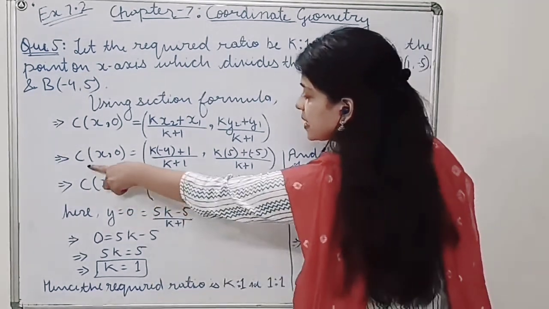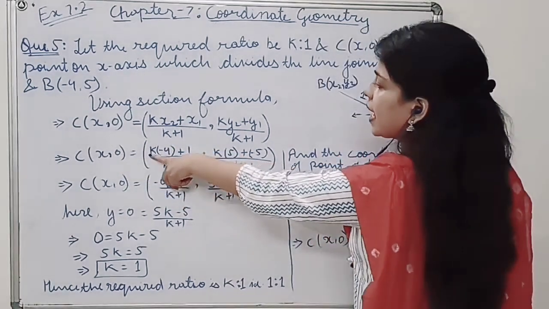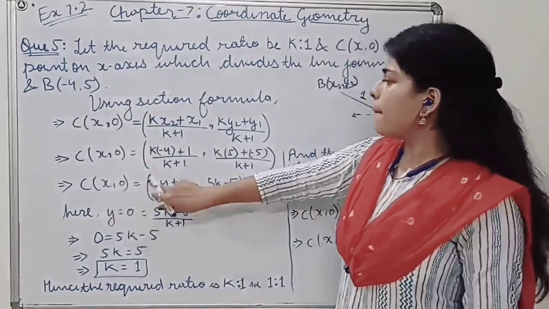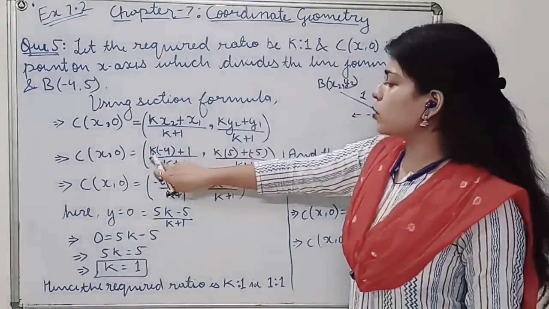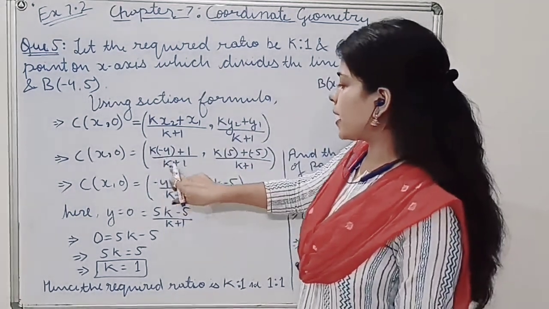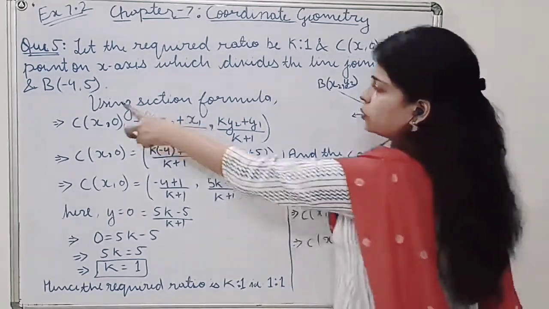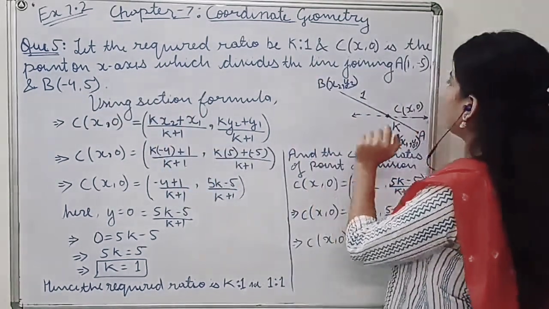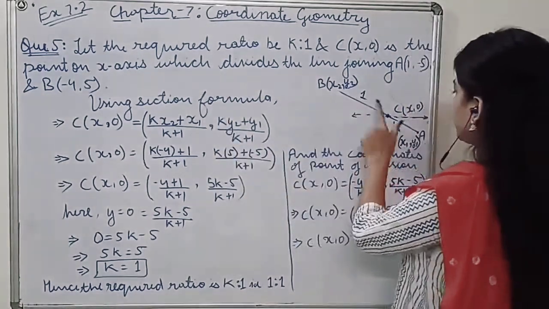Now, the coordinates of C are k into x2. x2 is 4... so k into x2 plus x1, where x1 is 1, upon k plus 1. Then for the y coordinate, k into y2, where y2 is 5, plus y1, where y1 is minus 5, upon k plus 1.